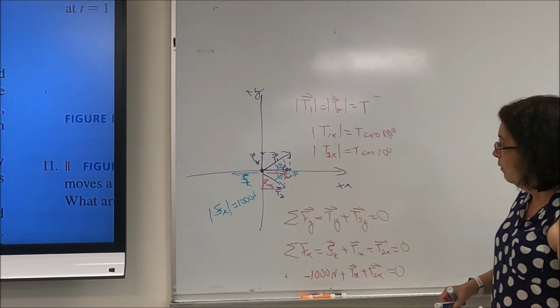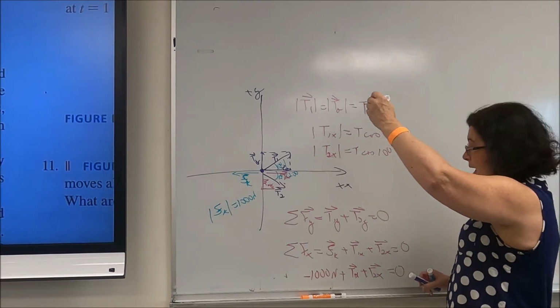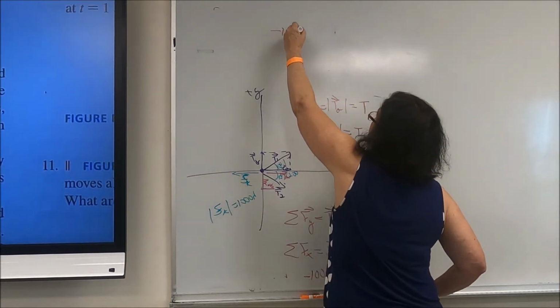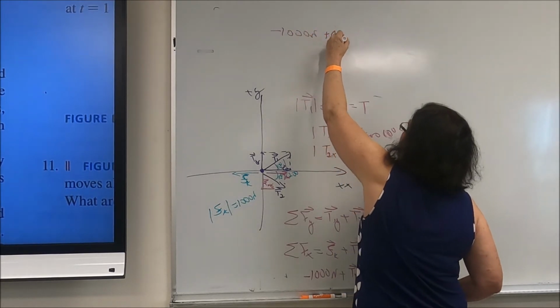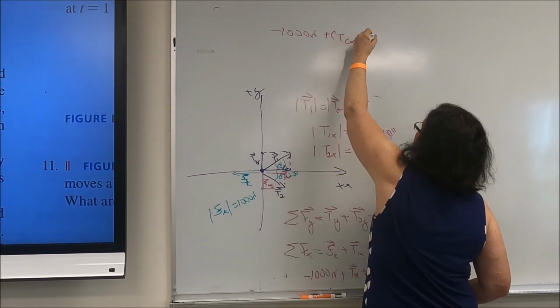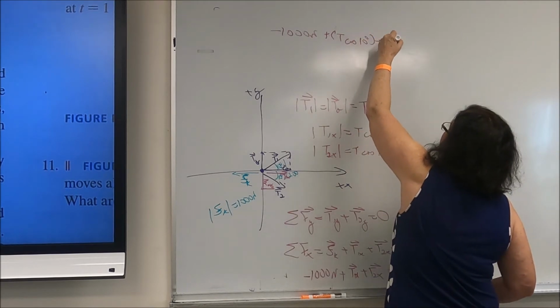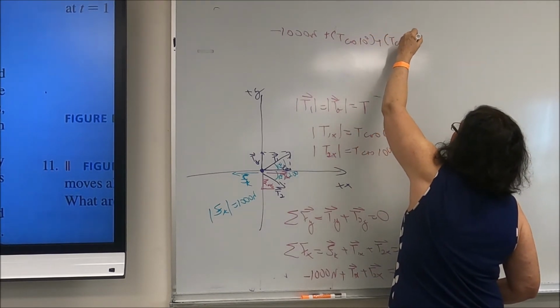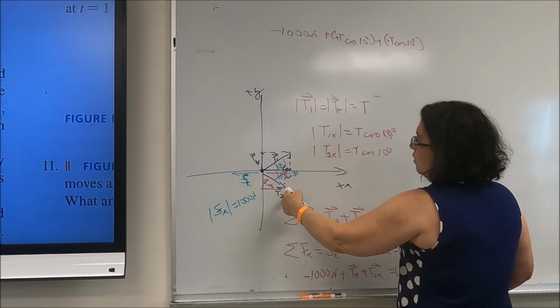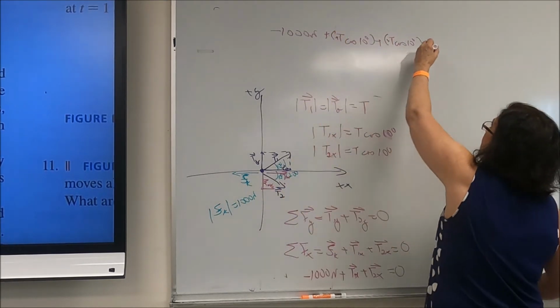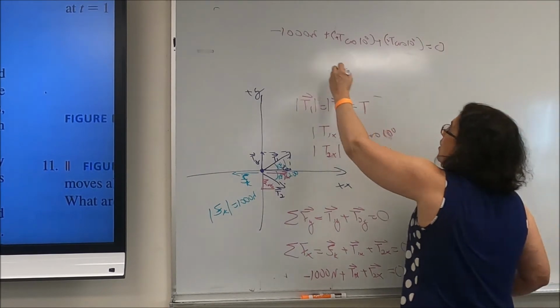So let's play with this a bit. Okay, I'm going to go up high. So I have minus 1,000 newtons plus T cosine 10 degrees plus T cosine 10 degrees. These are both positive because T1x and T2x point in the positive direction, equals 0.